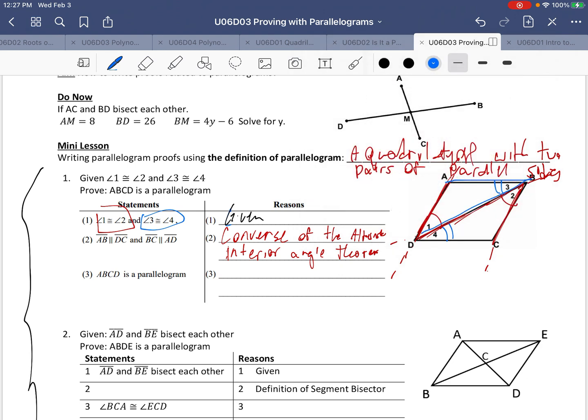And because these two angles also form this classic Z shape, meaning if we made these lines appear parallel using this transversal, they are also congruent for the same reason.